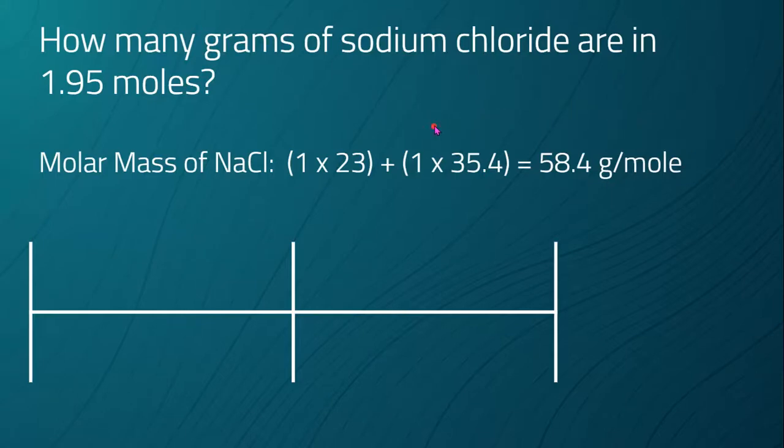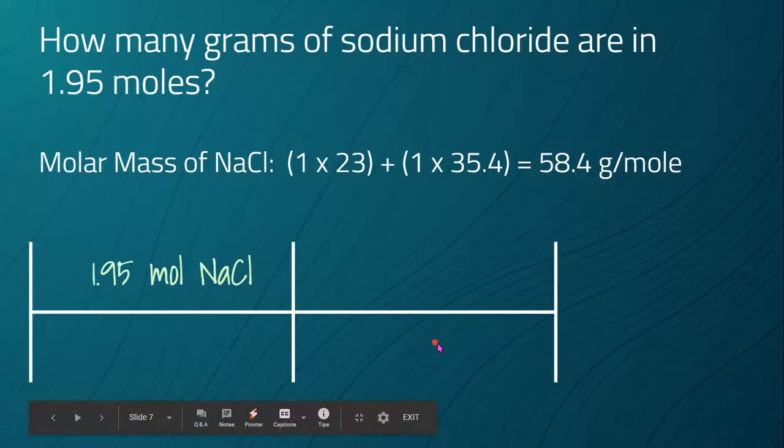Now I'm going to start by putting the number given to us in the problem in the upper left-hand box. So the 1.95 moles will go up here. I'm also including the formula for the given compound as a good practice. Again, might not seem important now, but it will be very important later. And then since I have moles of NaCl up, I want to put moles of NaCl down.